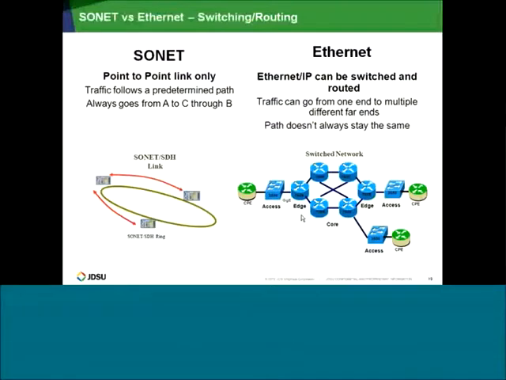Just like whenever we take the highway to get from one place to another, we try to avoid the traffic jam. The same thing happens in the Ethernet world. Whenever we want to go from CP1 to CP2, we try to avoid all the congestion, and that is done through the routing and switching tables. They decide for us which is the best path to take. That adds more complexity to testing your network, as opposed to SONET, which will always use the same exact path.